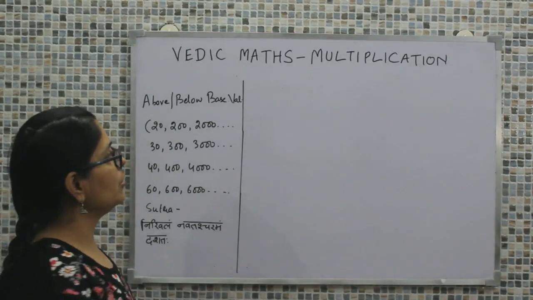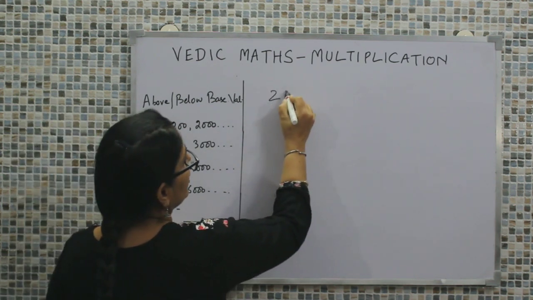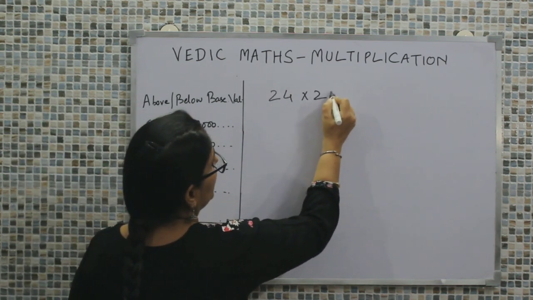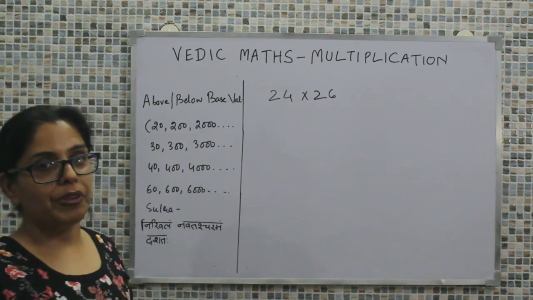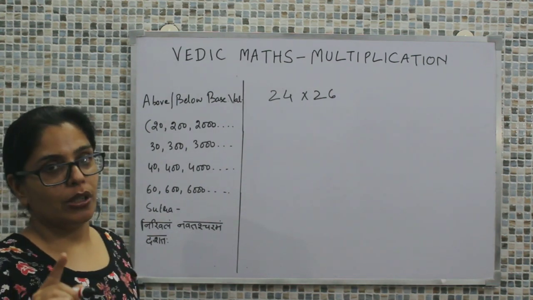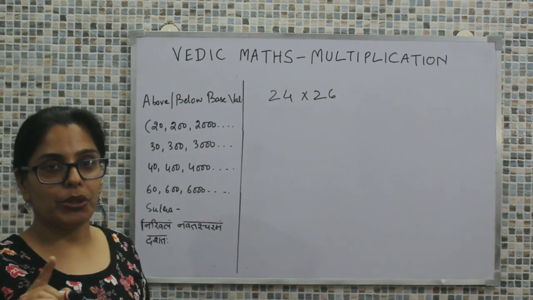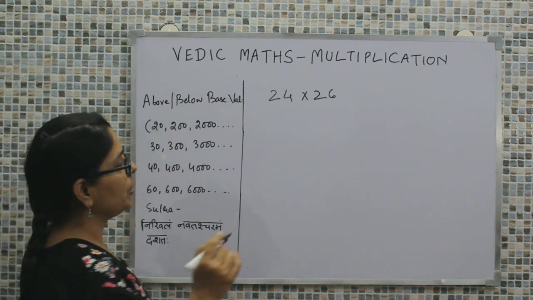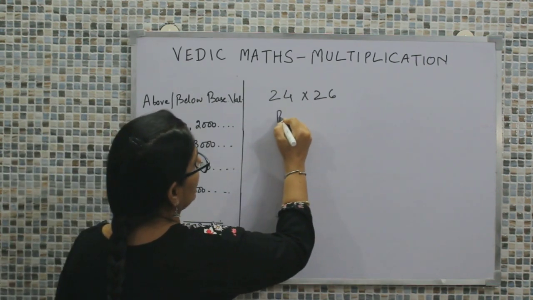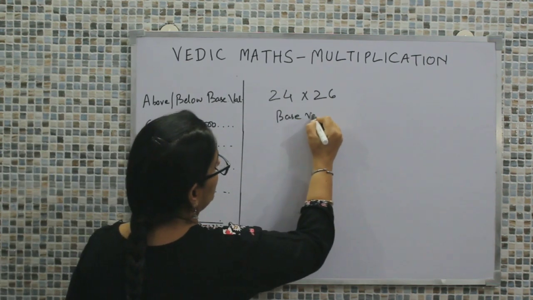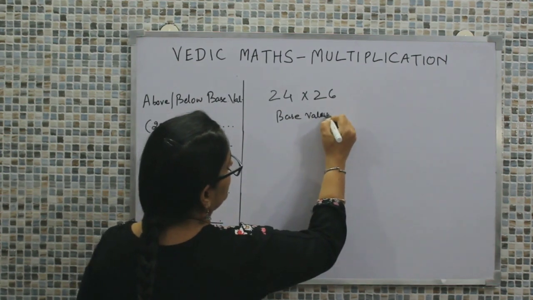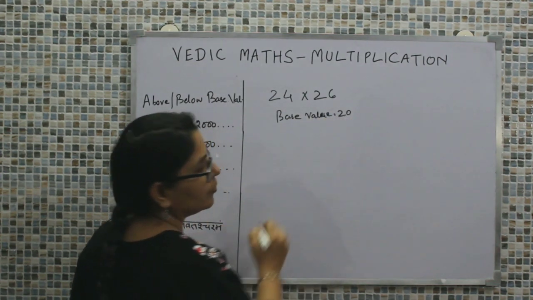Let's take an example where we need to multiply 24 and 26. Now when we compare both these values, both the values are nearest to either 20 or 30. We would be taking both the considerations. Let's take the base value over here to be 20.